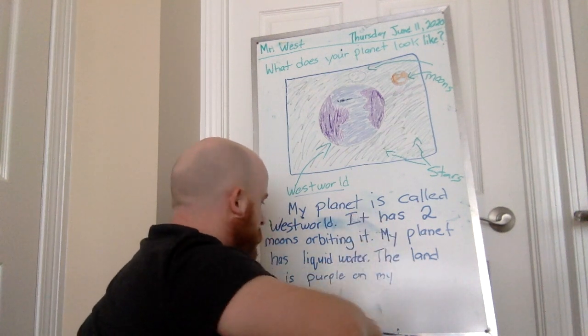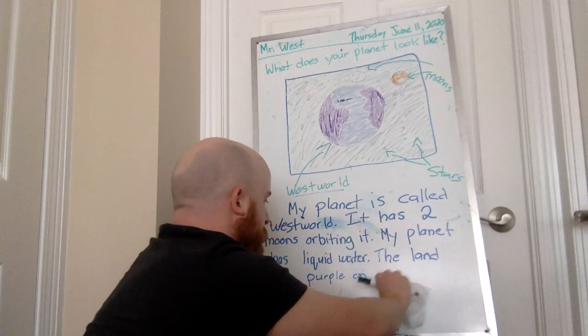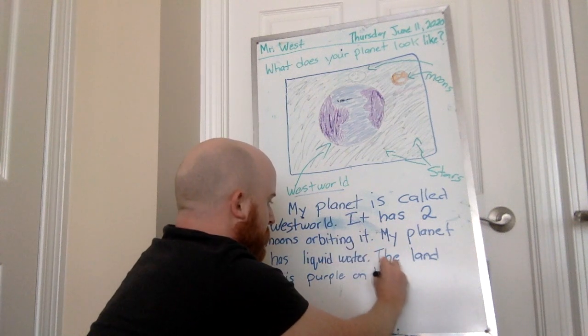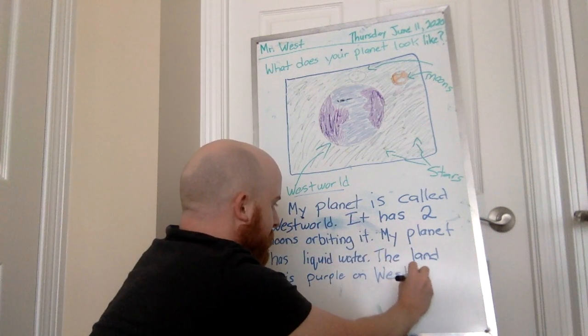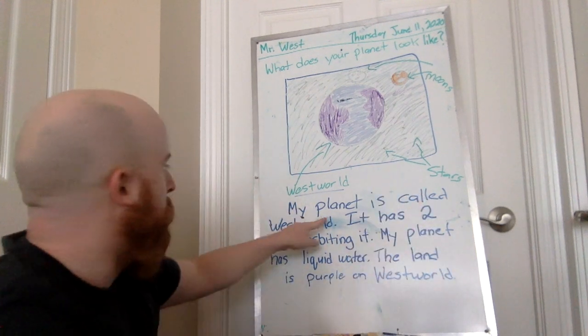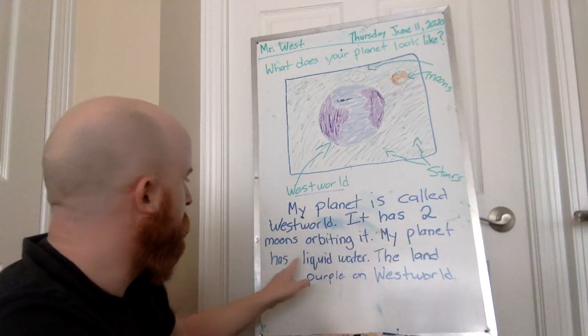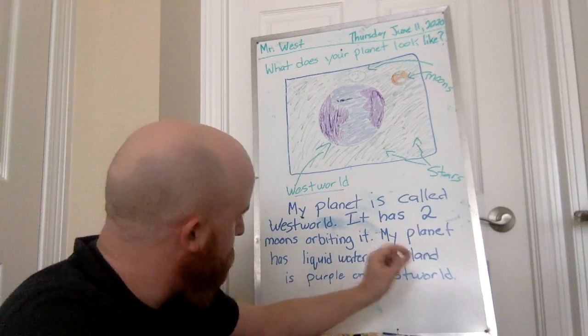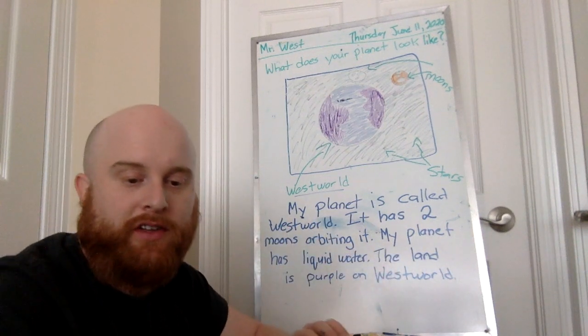You know what? I'm going to say the land is purple on Westworld. I'll use the name there. So far I've already got 1, 2, 3, 4 sentences, boys and girls.